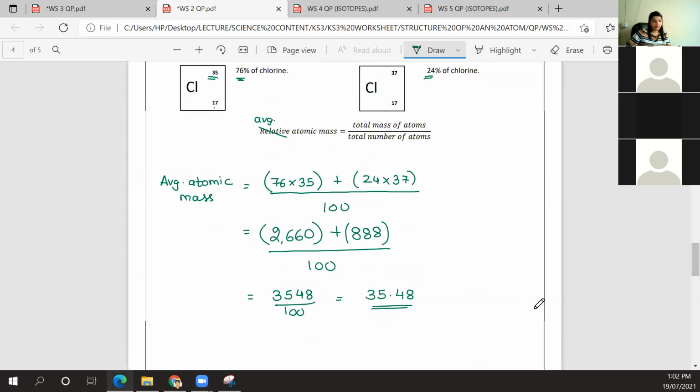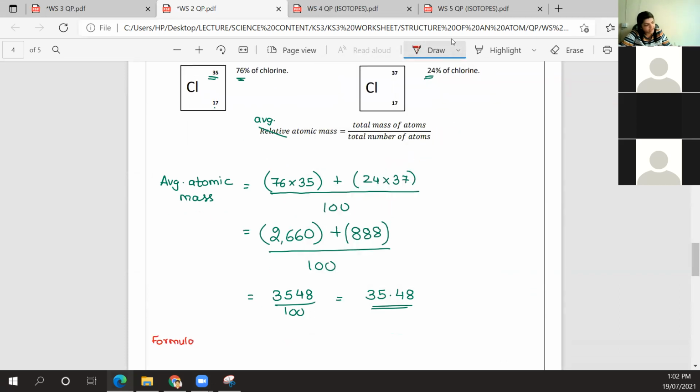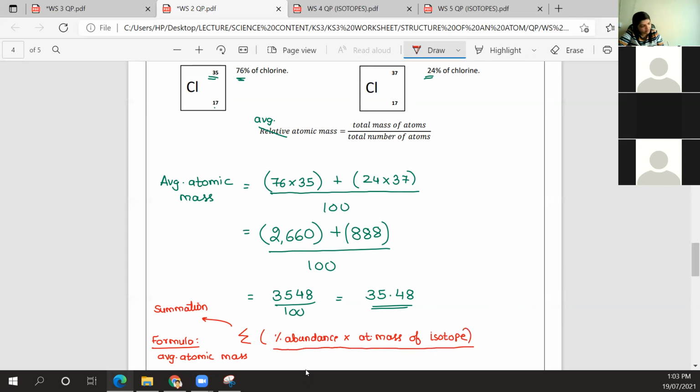So what is the formula? I'm going to write the formula, so please copy it down. The formula for calculating average atomic mass is the summation, depending on how many isotopes there are, of percentage abundance multiplied by the atomic mass of the isotope, divided by 100.